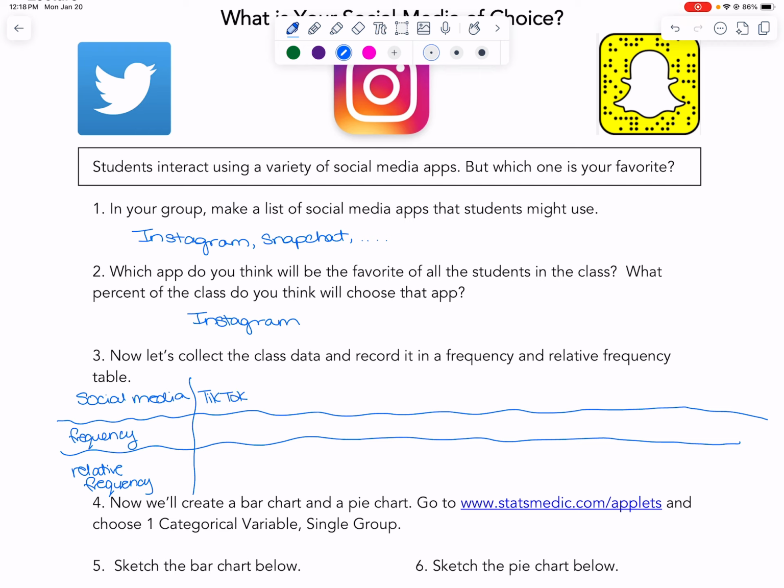before it got banned and then reinstated. And so we had 1, 2, 3, 4, 5, 6 for TikTok. And then we had Instagram. And it looks like we had 18 of them.